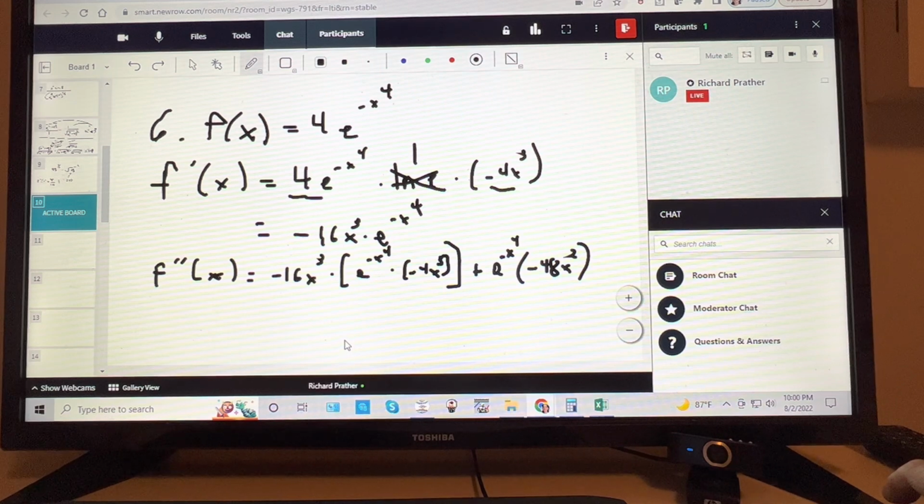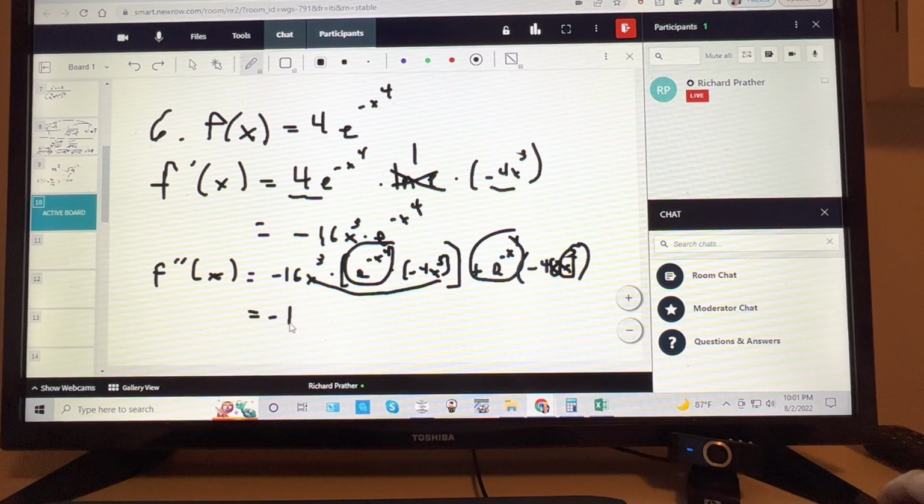Okay, so try to get GCF stuff out to the front. They both have an e to the negative x to the 4th. They both have at least 2 x's. This one's actually got 6 x's. And then 16 times 4 is 64. 48, they can both divide by 16. And they're both negative too.